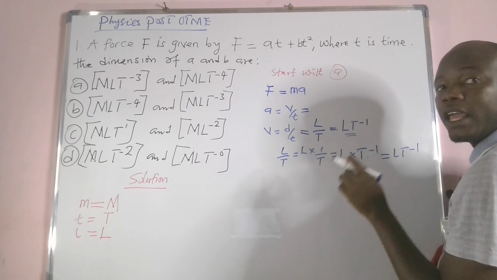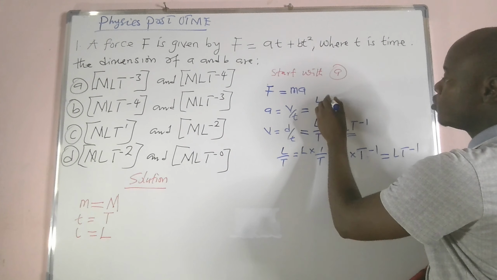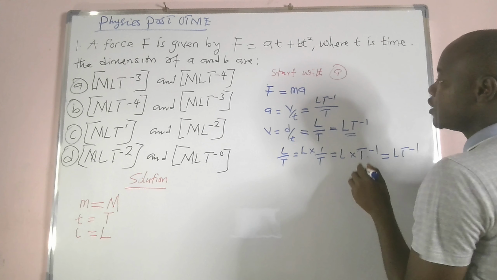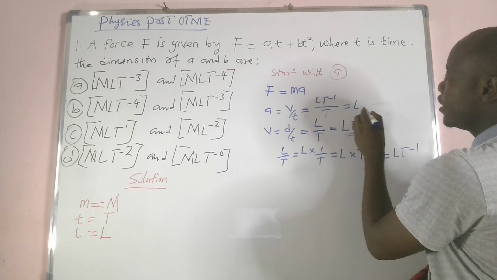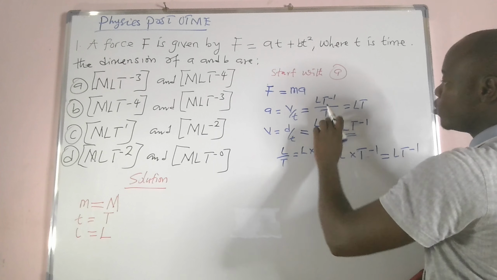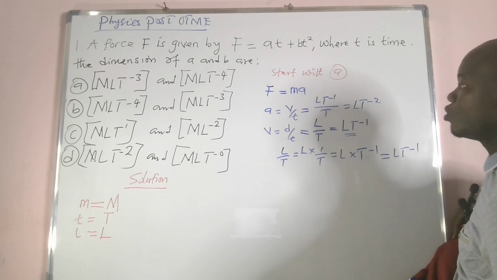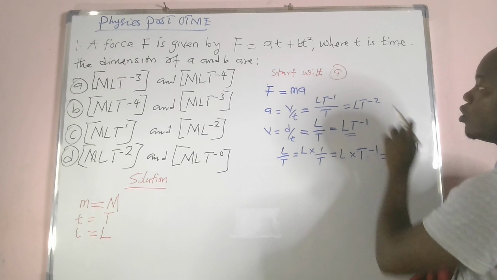Since the dimension of velocity is LT⁻¹, we divide by another time, T. The T goes to the denominator, so we have LT⁻². Therefore the dimension of acceleration is LT⁻².